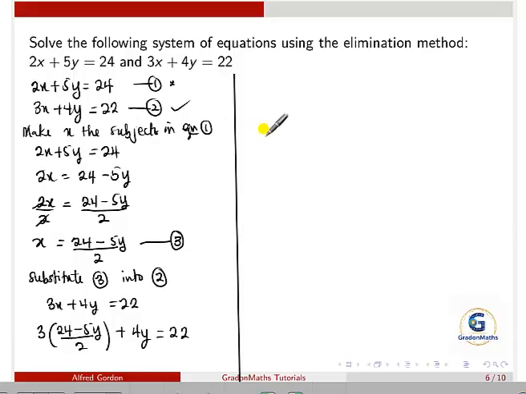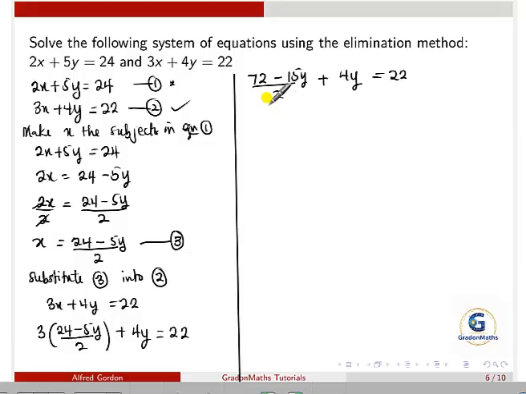So here we have 3 multiplying that bracket there, and then we can see that 3 multiplying 24 there, so 3 by 24 there will give us a 72, and 3 by that of the negative 5 will give us a negative 15y, all on 2, plus we have a 4y is equal to 22. So right here we have a fraction.